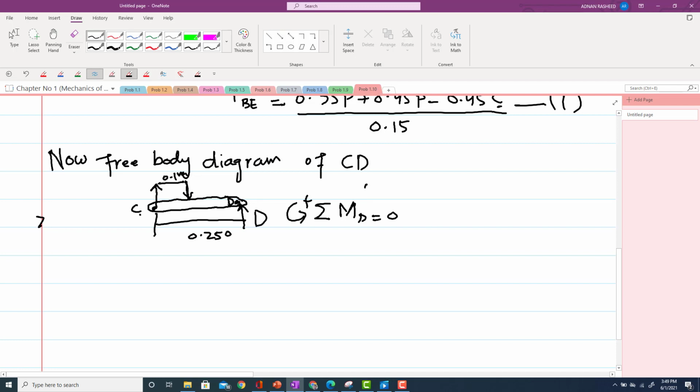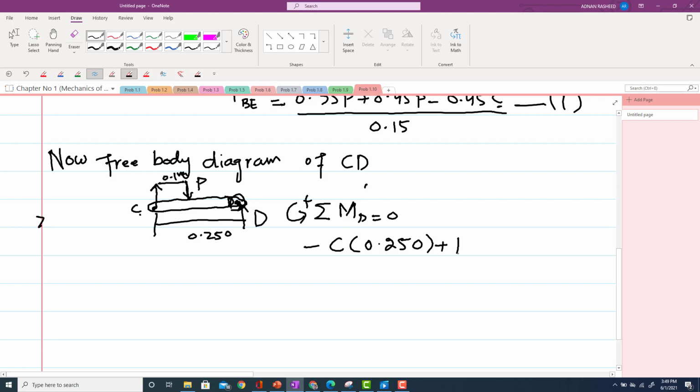So at point D, taking counterclockwise as positive, the C force is C into perpendicular distance 0.250, and C is producing clockwise rotation. Clear? So that will be negative, and P is producing anticlockwise.